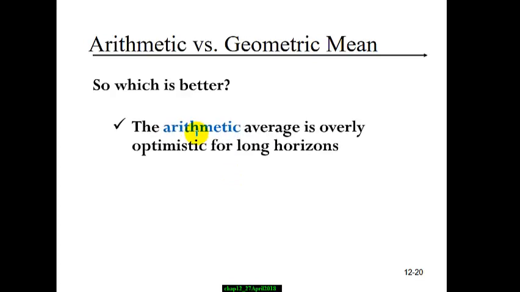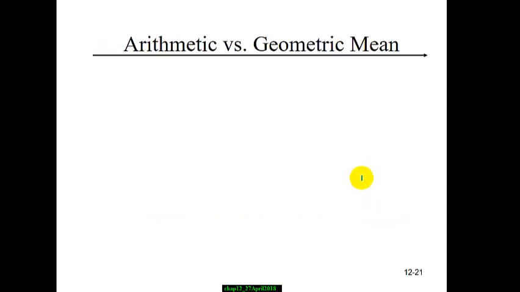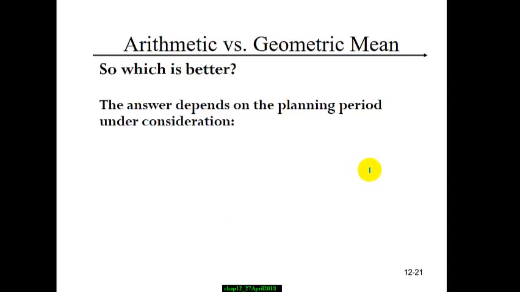Unfortunately, both are a bit biased. The arithmetic average is too optimistic for the long term, so it tends to be too high. And the geometric average is too pessimistic for the short term, so it is way too low. Which return shall we use in practice?